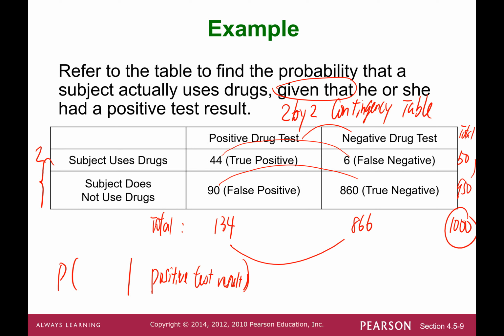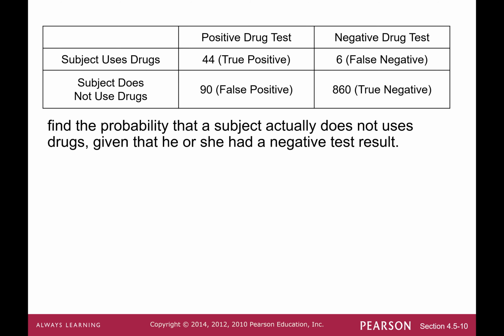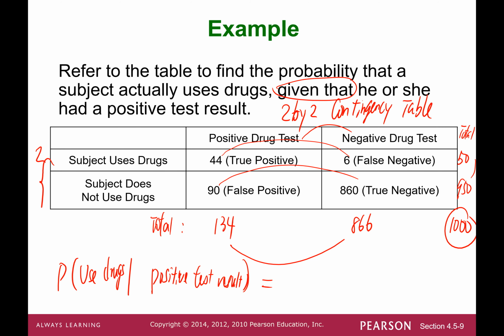We're talking about using drugs. So basically you look into all the positive test results. We have 134 total positive test results. Out of all of those 134 positive test results, 44 of them use drugs.